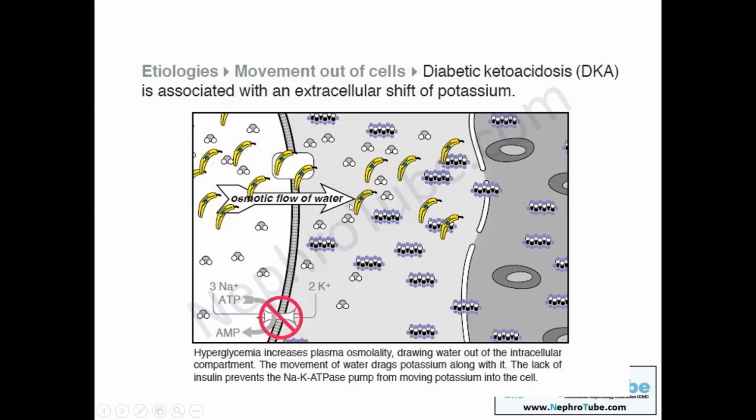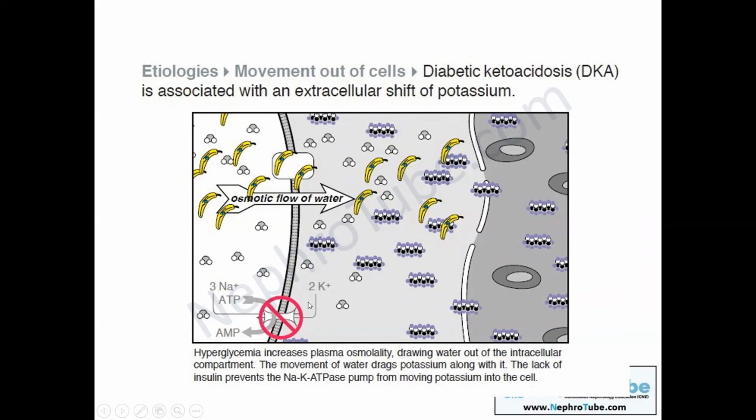Also, in cases of insulin deficiency, besides its effect on hyperkalemia by osmosis of water, insulin deficiency will decrease the activity of the sodium-potassium pump. The sodium-potassium pump is a pump at the cellular membrane.